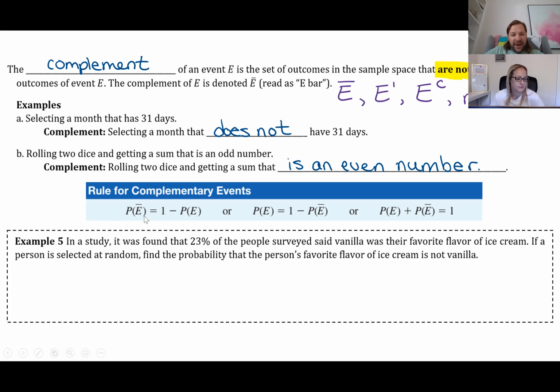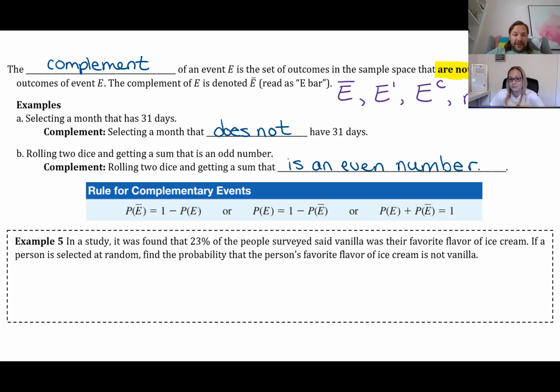The probability of not E is the same as 1 minus the probability of E, because 1 is the probability of the entire sample space, and you're just subtracting off the probability of E to get the probability of the complement. You could also write that as P of E is 1 minus P of E bar, or you could write P of E plus P of E bar is equal to 1. This is a very useful rule because a lot of times it's easier to calculate the probability of an event than it is to calculate the probability of its complement, and vice versa.